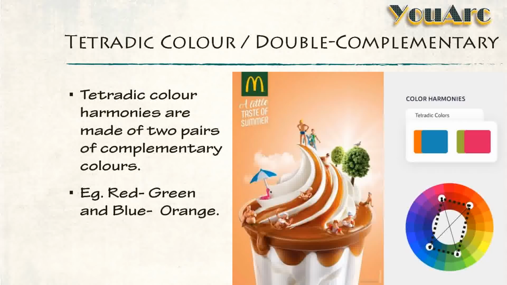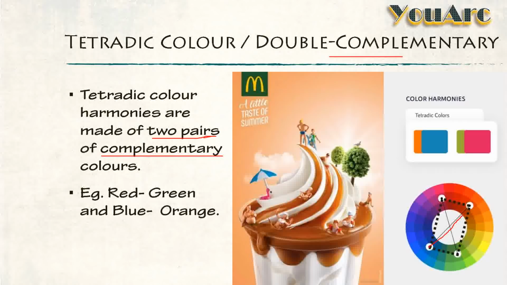So let's see in detail about tetradic colors. Tetradic colors are also known as double complementary colors because of their combination. I'll tell you how. Tetradic color schemes are made up of two pairs of complementary colors. For example, can you see here?